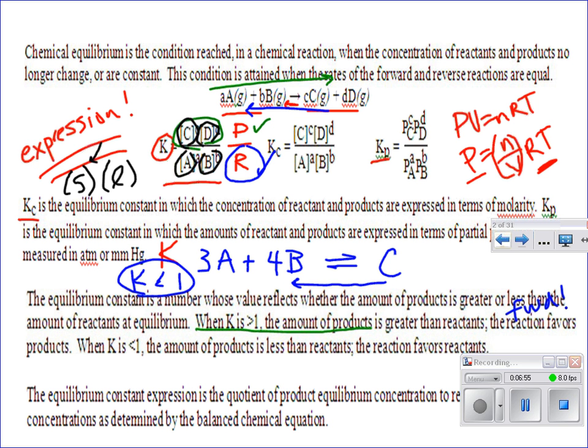They don't go there because they do not affect the equilibrium. Their concentration is so high because it's pure, it doesn't vary enough to change what's going on. So we leave solids and liquids out of the expression. They do not affect equilibrium.